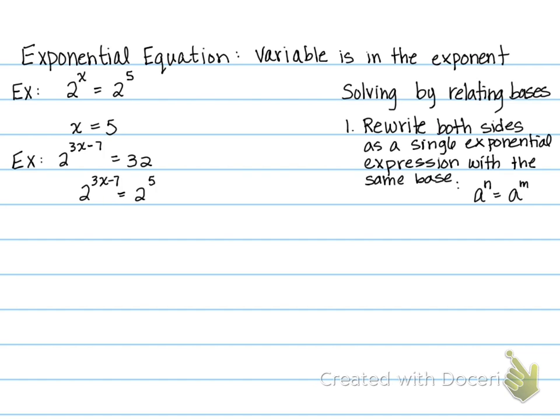So now we have 2 raised to a power on the left and 2 raised to a power on the right. Nothing else going on outside those expressions. And so we can say that in order for this to be true, the exponent on the left and the exponent on the right have to be the same, which means we can say that 3x minus 7 has to be equal to 5 in order to make that true. And so now I have a linear equation that I can solve.